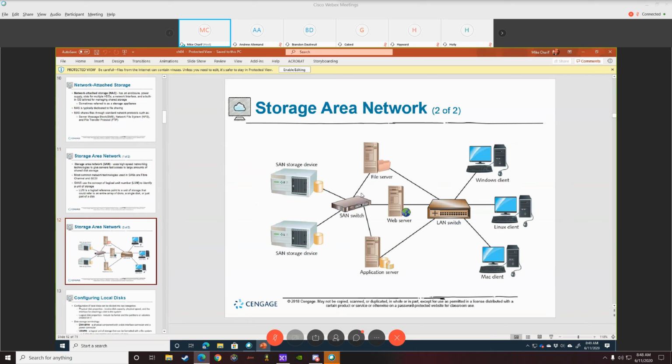Cisco has special types of switch. I think they call it Nexus switch. If you Google it, it's about, I think, $9,000 or $12,000 for that switch.